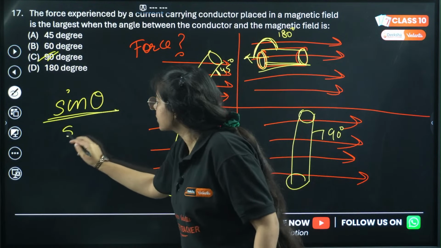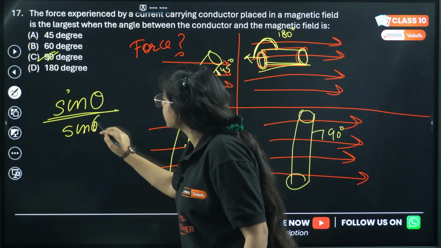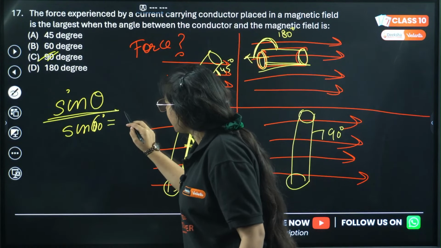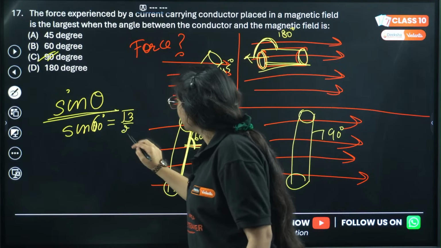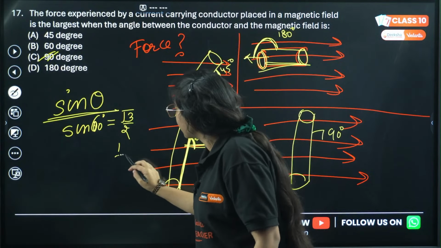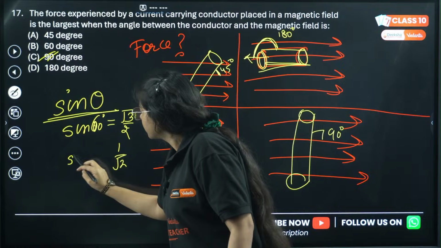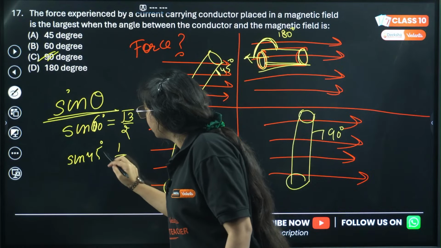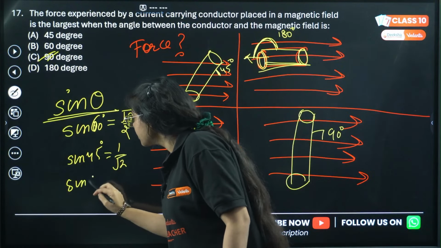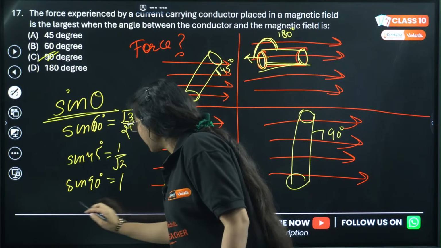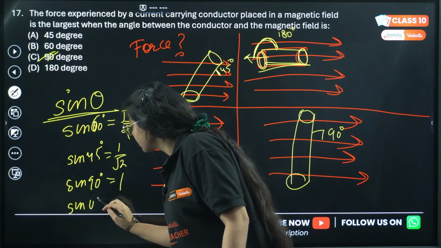So sin 60, correct? Sin 60 is root 3 by 2, I guess. Then sin 45 is 1 by root 2. Then sin 90 is 1 and sin 180 is 0.